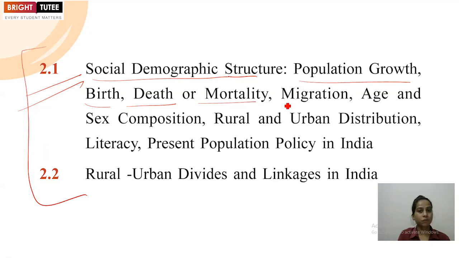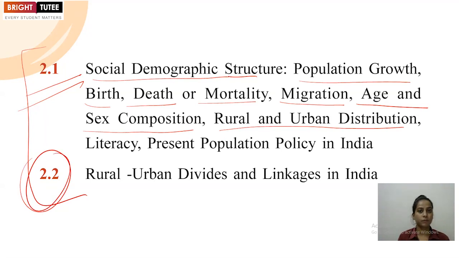We'll discuss migration, age and sex composition, rural and urban distribution. In the second part of this chapter, we are going to discuss the rural-urban divides and linkages in India. So, let's start with the chapter.